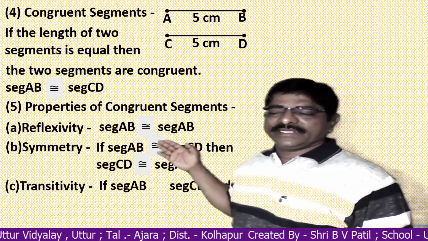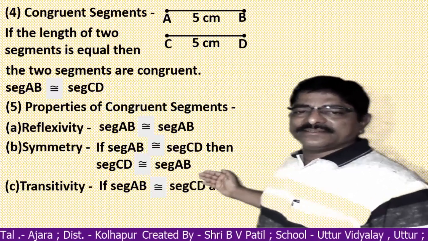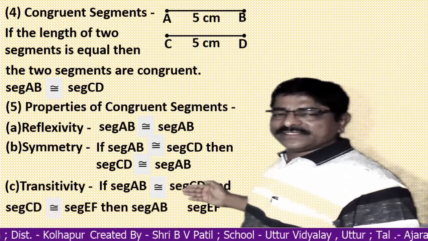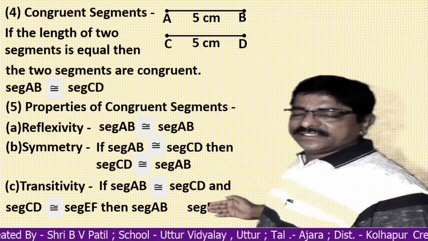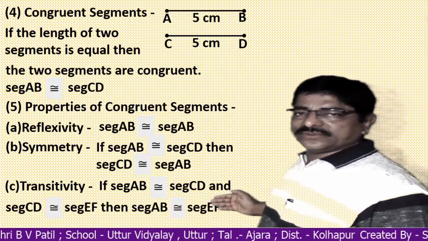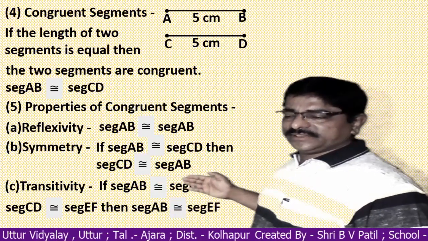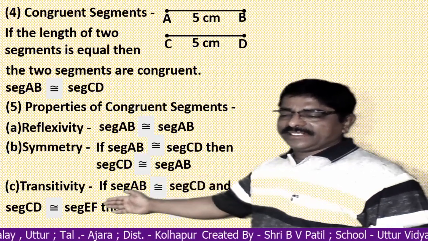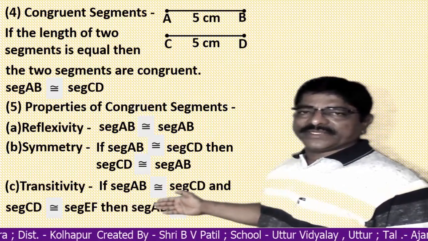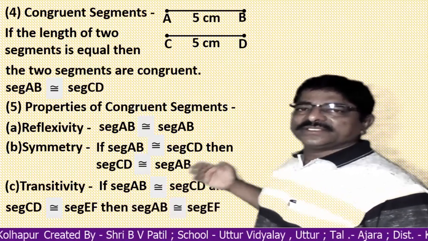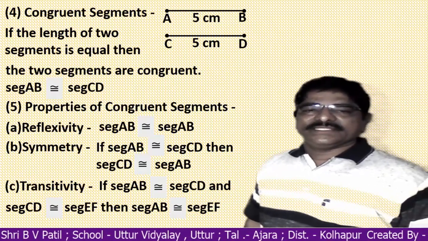If segment AB is congruent to segment CD and segment CD is congruent to segment EF, then segment AB is congruent to segment EF. That is called transitivity.